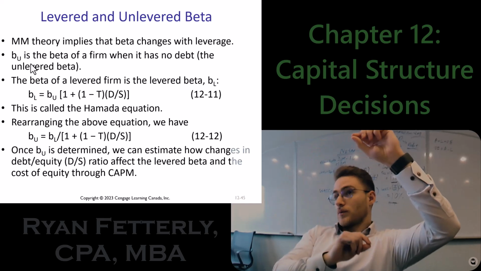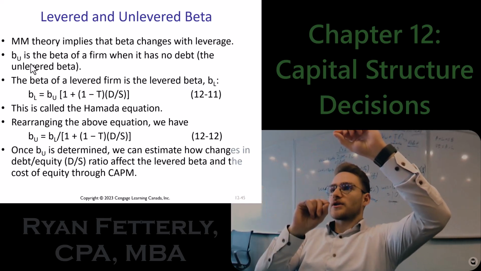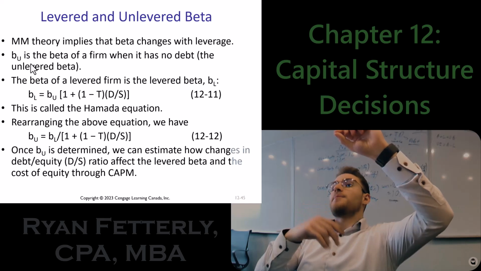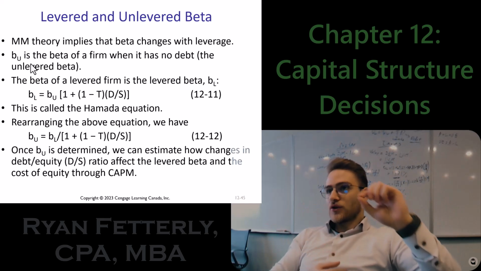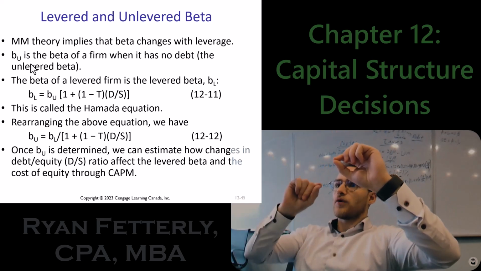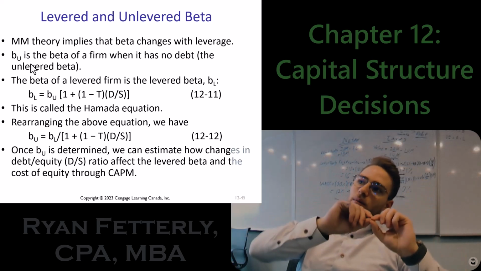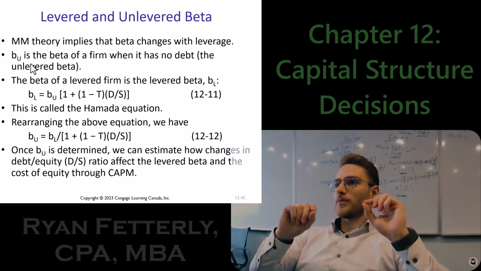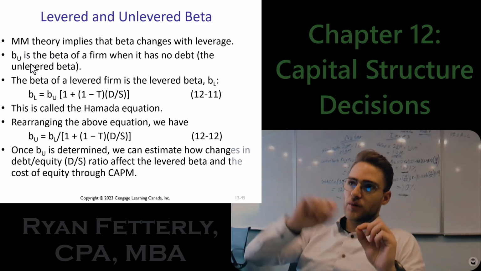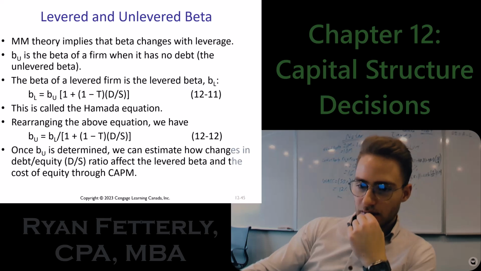If I have a perfect one-to-one beta, my firm's also going to go up by 2%. If my beta is 2, the average goes up by 2%, I go up by 4%. If my beta is 0.5, the market goes up by 2, I only go up by 1%. So it's my correlation with the market returns, generally speaking.